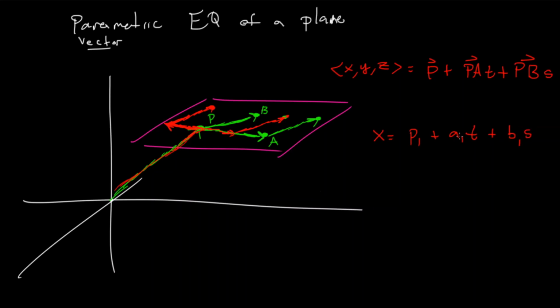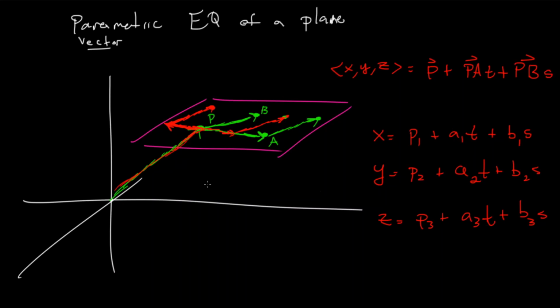We have 2 parameters in the plane. Then y is just going to be the y equivalent of this: the yp, the ya, and the yb. And z is going to be p3 plus a3t, plus b3s. So this is the parametric equation of a plane.